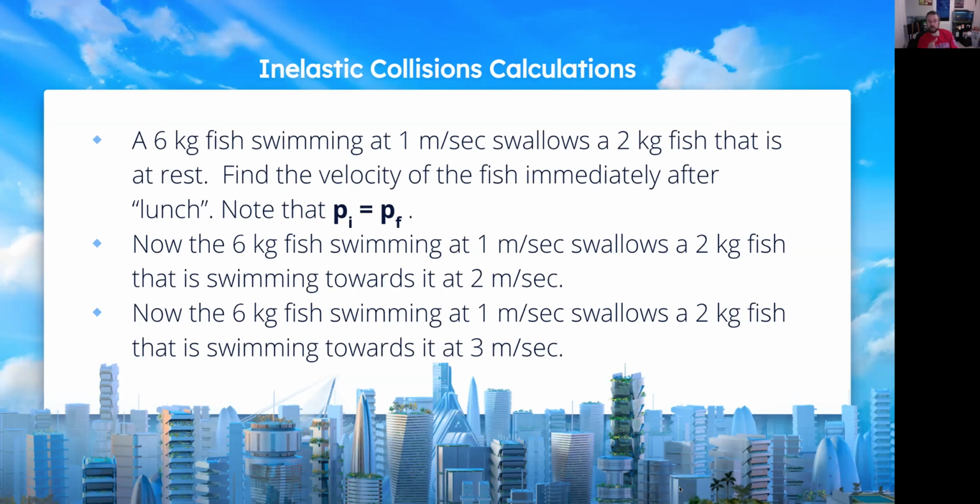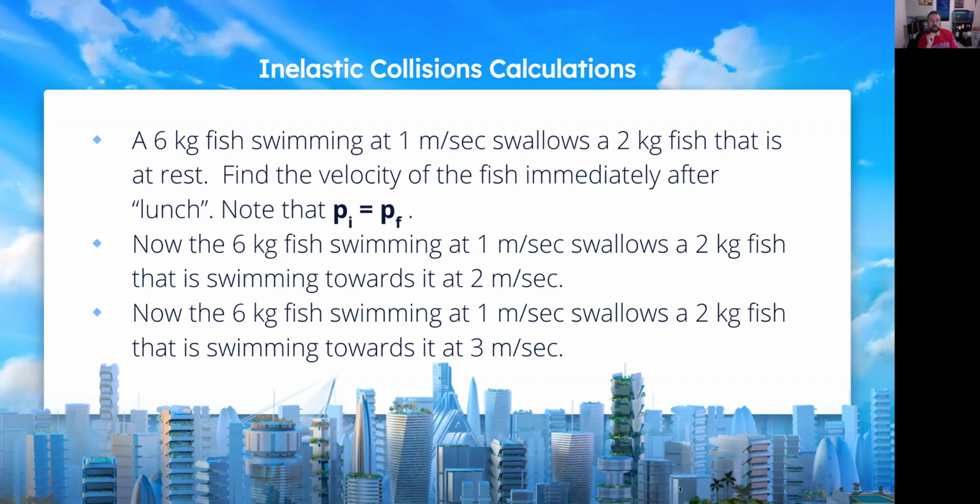Okay, so now we see situation 2, all right? Second bullet point here. That same 6-kilogram fish swimming at 1 meter per second swallows this same 2-kilogram fish, but this time that fish has a death wish apparently and is swimming precisely towards this bigger fish at 2 meters per second.